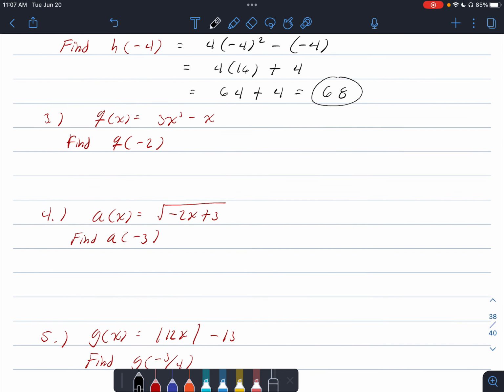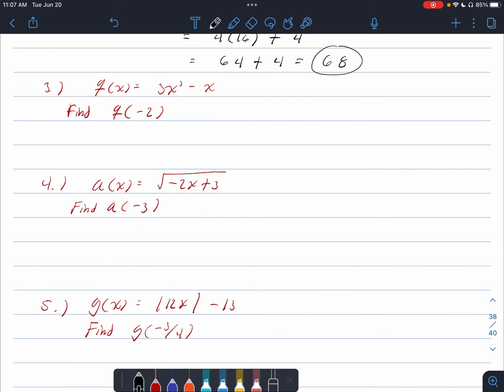Let's look at this one. Here we have q of x is equal to 3x to the third minus x, and now we want to find q of negative 2. Let's plug in negative 2 for every instance of x we see. So we have 3 times negative 2 cubed minus a negative 2. Negative 2 cubed is negative 2 times negative 2 times negative 2.